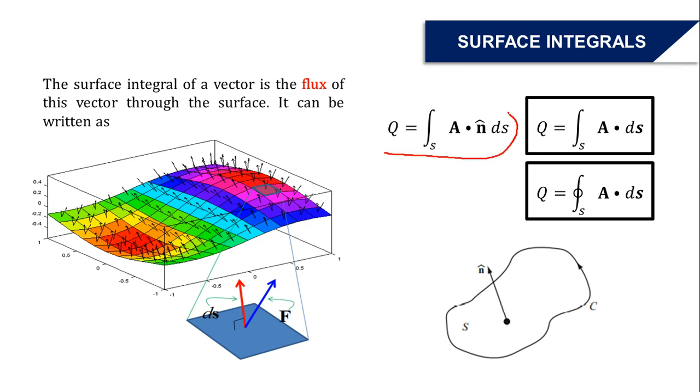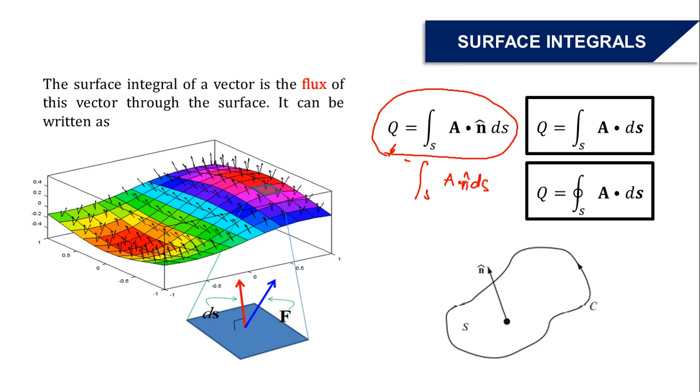Okay? Ayan. So, the rate of flow is equal to the surface integral of A dot the unit vector n dS.